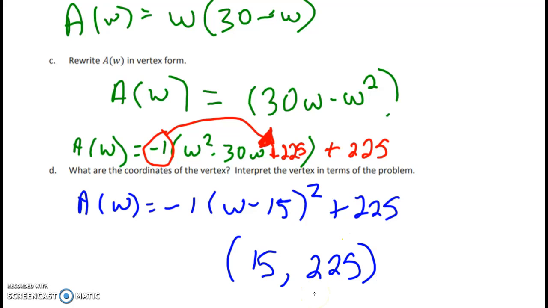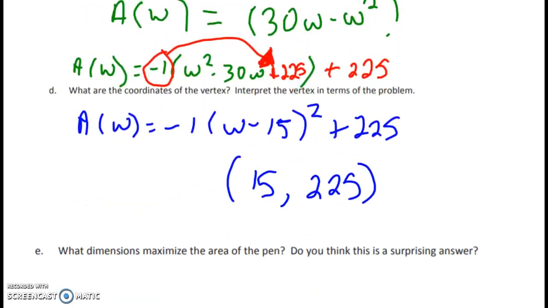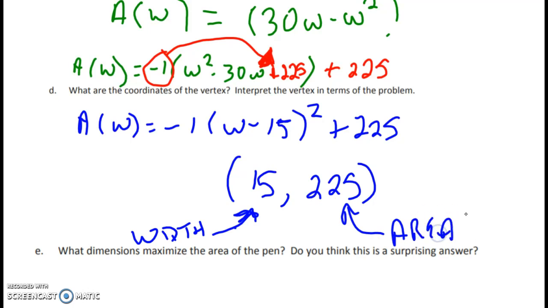And what this is telling us in terms of the problem is that when the width is 15, I get an area of 225. Now, if I think about this graphically, I know a parabola is kind of either a U or an N shape.